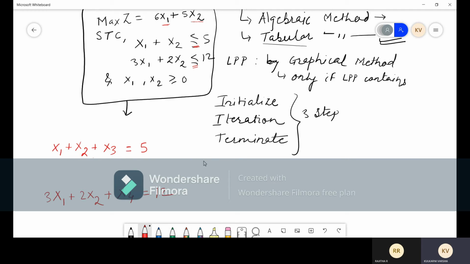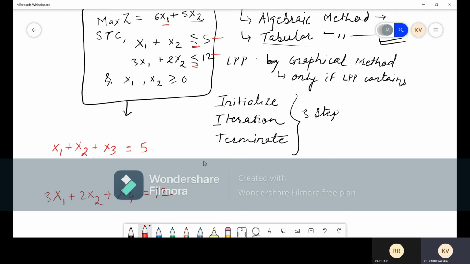So we have seen how we have converted this constraint and this constraint into equations by using slack variables.